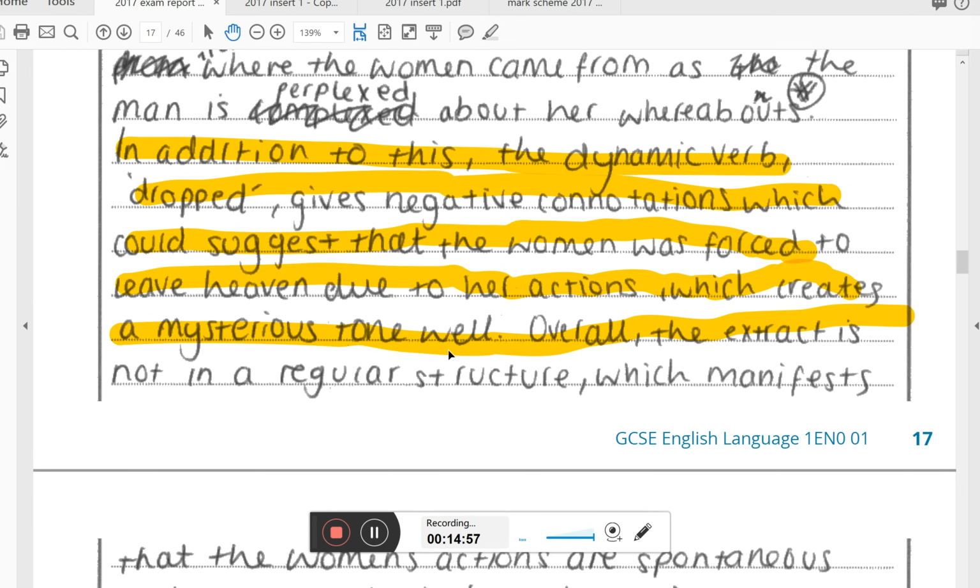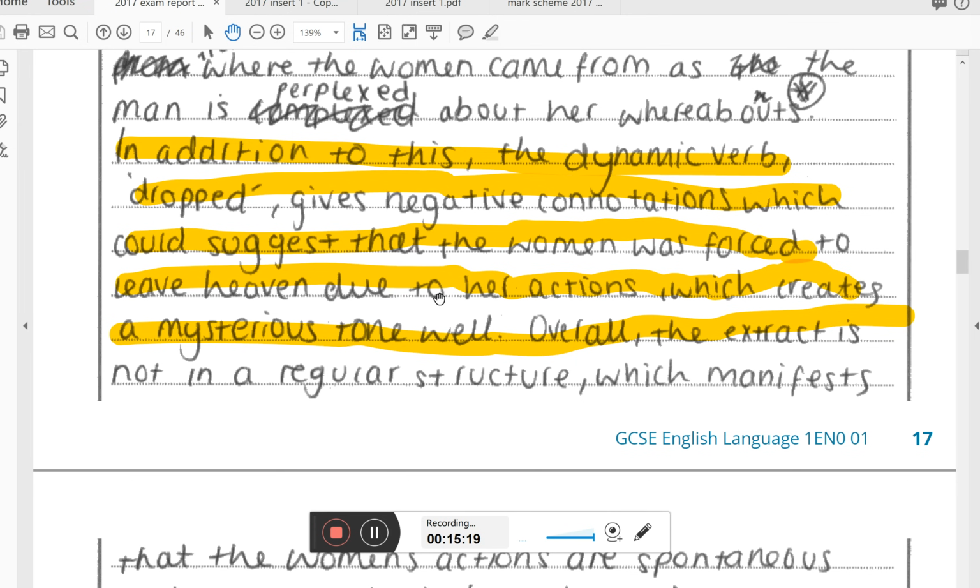Okay, so don't worry if you don't know that dropped is a dynamic verb. You could just say the verb, or if you're really not confident about your parts of speech, just say the word dropped, because actually it's the explanation which gets you the mark, not the fact that it's a dynamic verb. That's not part of the mark scheme, to know exact parts of speech.